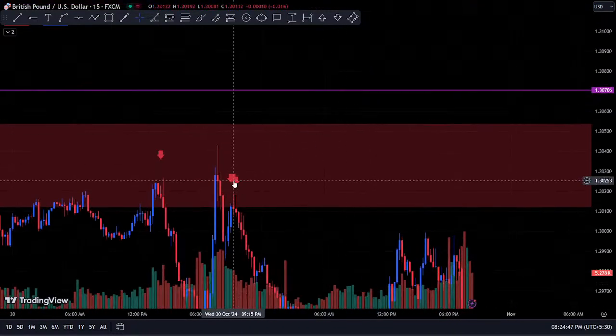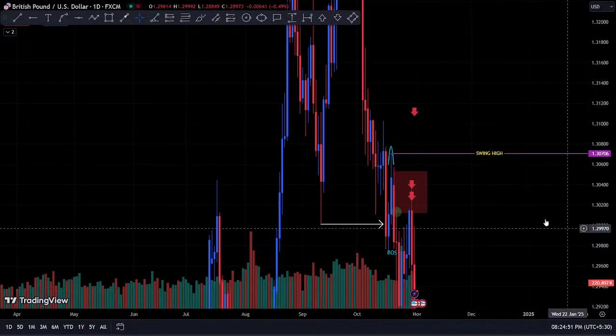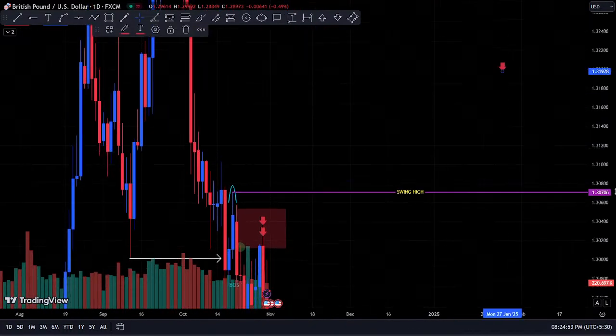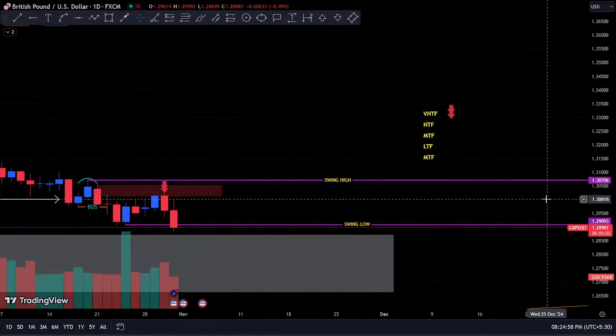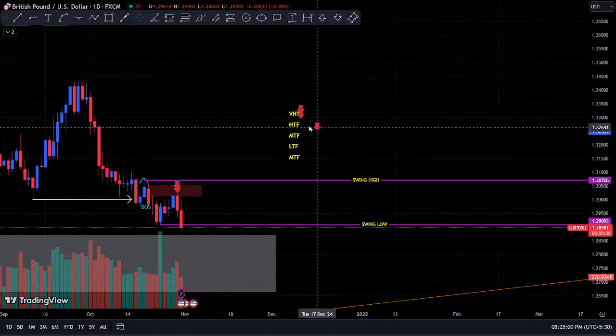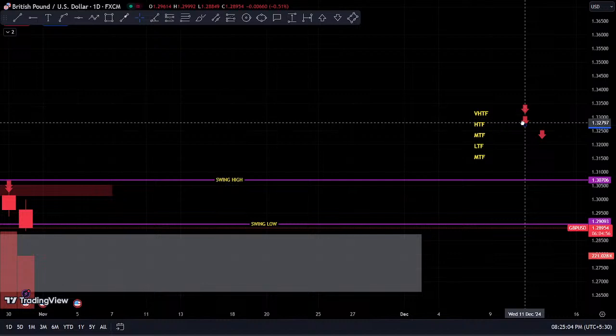So now our medium time frame is aligned with our overall trend, right? Our medium time frame has also shifted bearish.